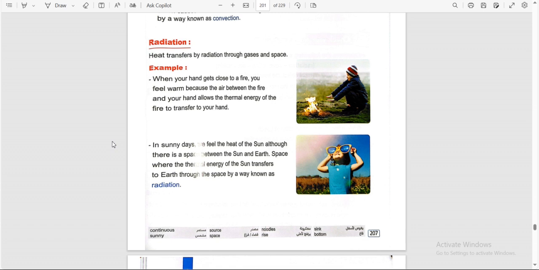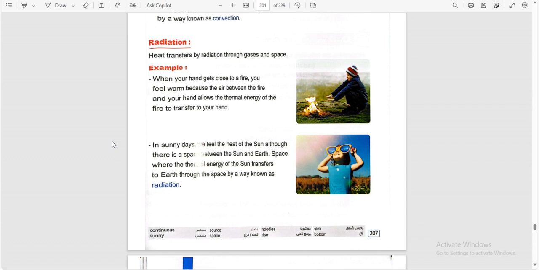Finally, radiation, which is the heat transfer through gases and space. Unlike conduction, this doesn't need contact or touching between the two objects for heat to transfer. You experience this when you put your hands close to a fire to warm yourself up.